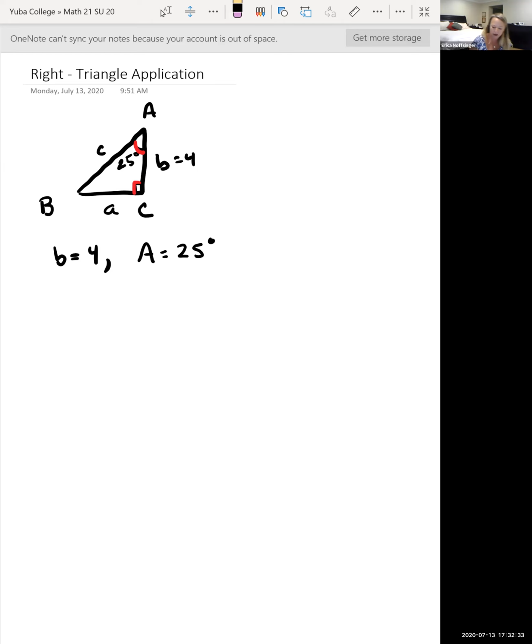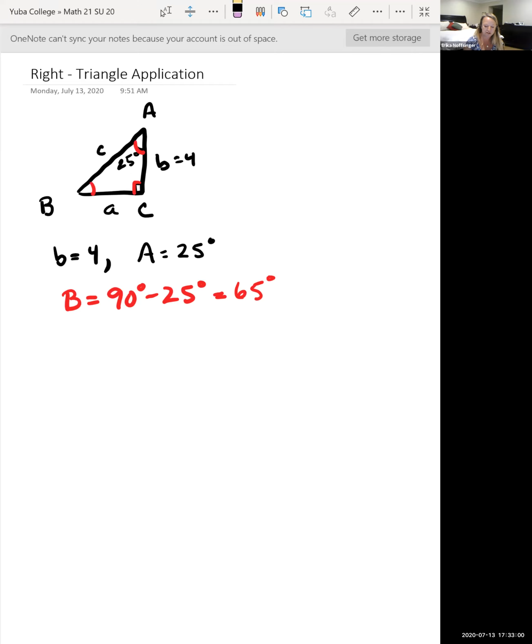And so angle B is the same thing as 90 degrees minus 25 degrees, which is 65 degrees. And so now we can use either angle A or angle B to figure out what side A or side C is.